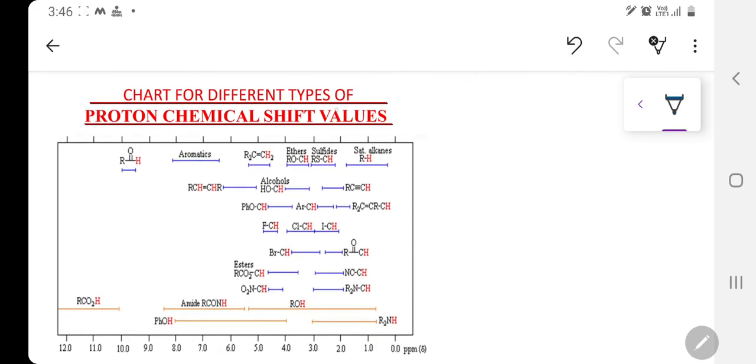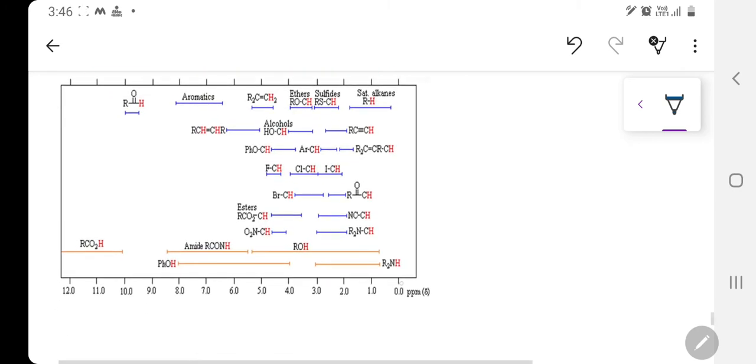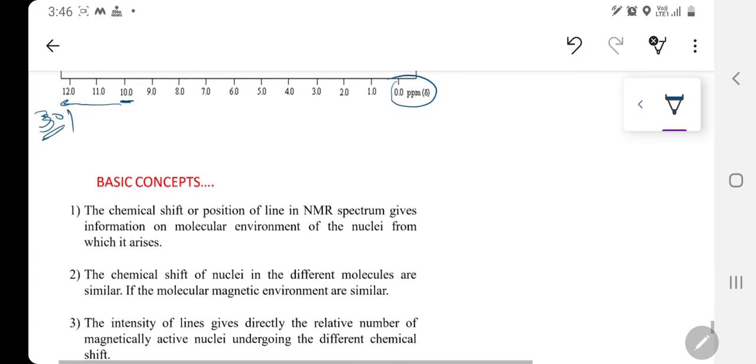This is the chart for different types of proton chemical shift values. The value varies from 0 to 10 and it is extended to 30. The basic concept: the chemical shift, or position of a line in an NMR spectrum, gives information on the molecular environment of the nuclei from which it arises.